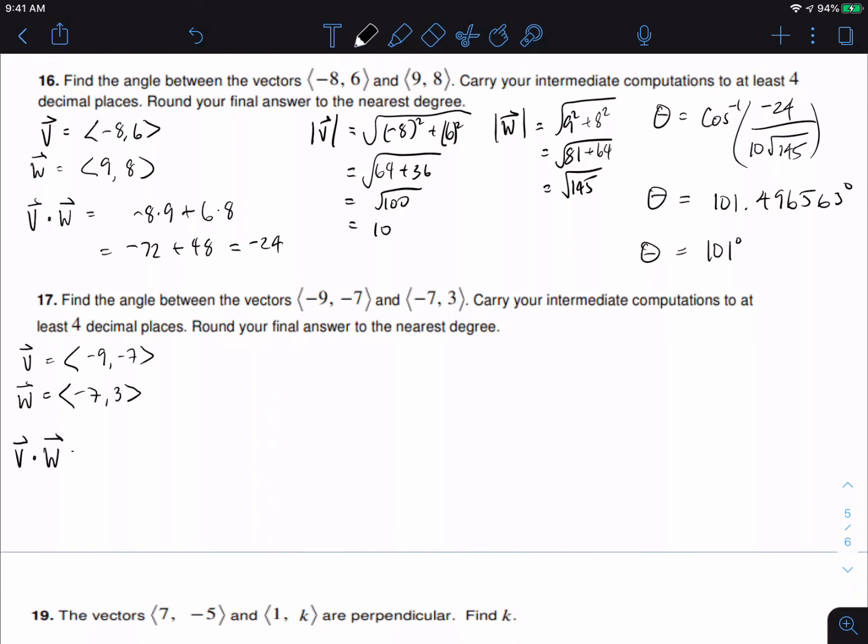So our dot product is going to be a negative 9 times a negative 7 plus a negative 7 times 3, which will be 63 minus 21, which will give us 42. Is that what you guys got for your dot product? Okay. The magnitude of V is the square root of negative 9 squared plus negative 7 squared.